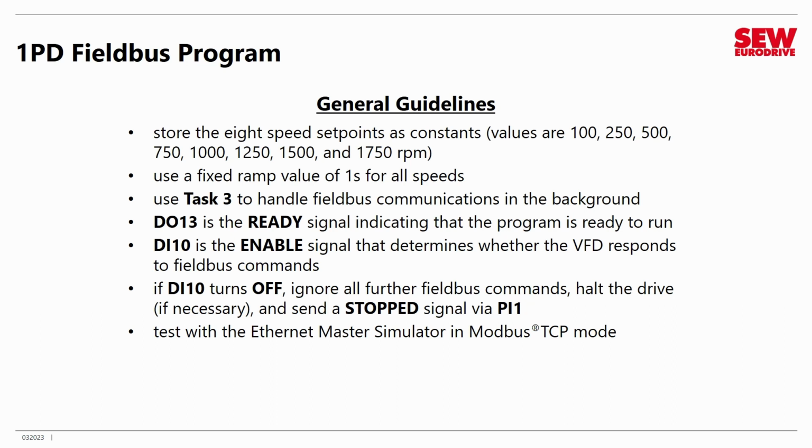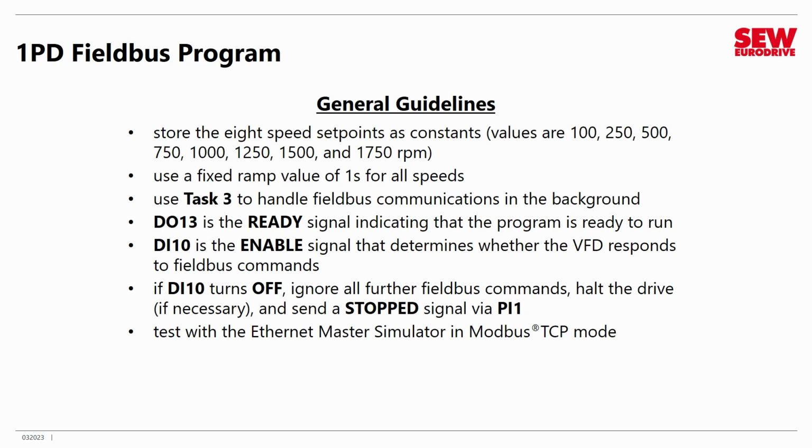Field bus communication should be handled in the background by task 3. So you're going to use multitasking. The main task will handle the foreground activities, but task 3 will communicate on the field bus. It'll receive the POs and send back the PIs. We're going to use 2 digital signals on the option card.